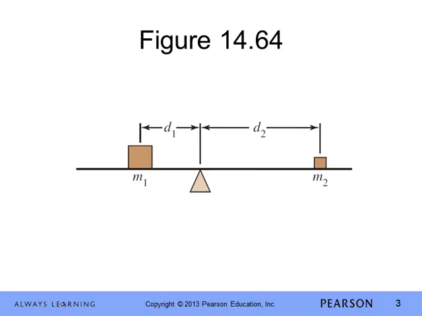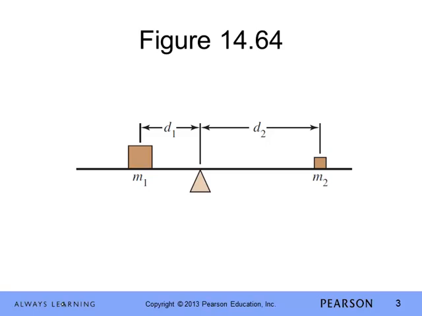Now, let's review something you probably already know. When we're looking for the center of mass, we're looking to see where we can put the pivot so that the system is balanced. In the one-dimensional case, we might have simply a rod with two masses located at two locations along the line.